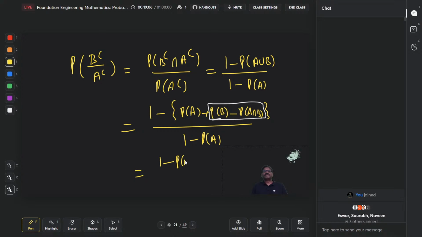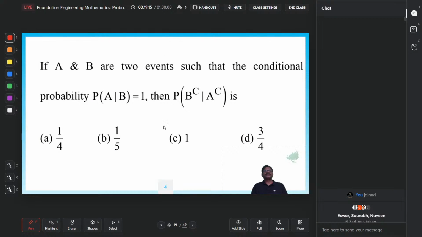Therefore 1 minus P of A by 1 minus P of A, after cancellation the result is 1. Therefore the answer is 1.